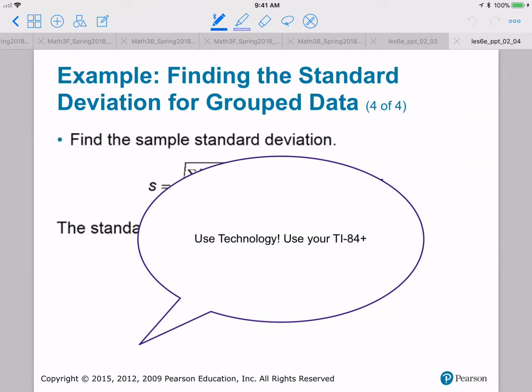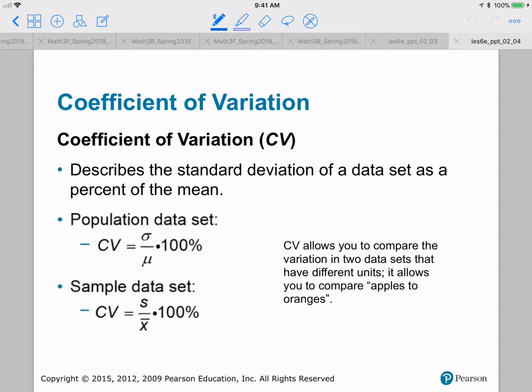A way to do that is to look at the coefficient of variation, because it describes the standard deviation as a percentage of the mean, right? Since standard deviation and mean both have the same units, those units cancel out, and the coefficient of variation actually has no units. It's just a percentage. So I said here it allows you to compare the variation in two data sets that have different units. It allows you essentially to compare apples to oranges.